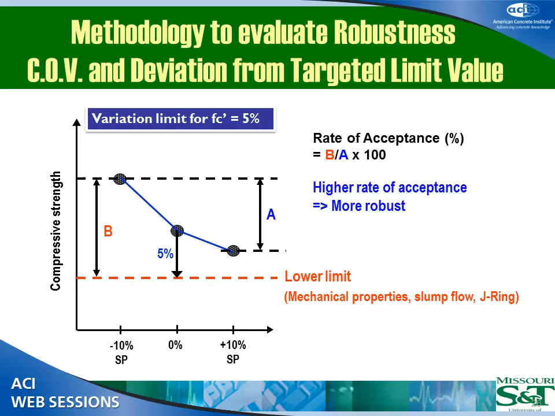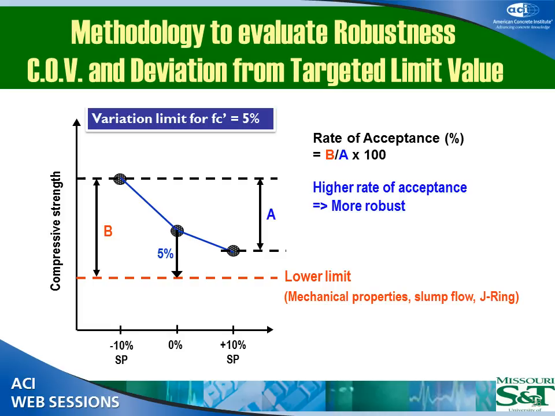Slump flow had to have a minimum value, for example, 600, and the J-ring also had to have a minimum value. So as you are adding more superplasticizer, you have some deviation from the maximum value, and then as you're reducing superplasticizer, you have a deviation from the minimum target, and we developed a ratio of this B divided by A, and we call that acceptance rate.